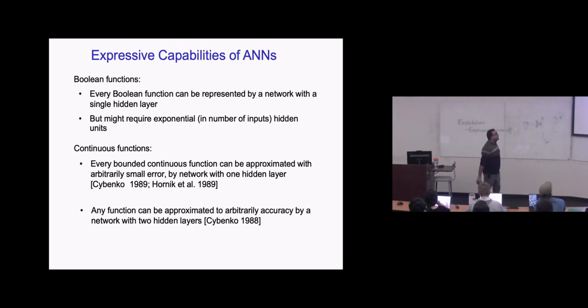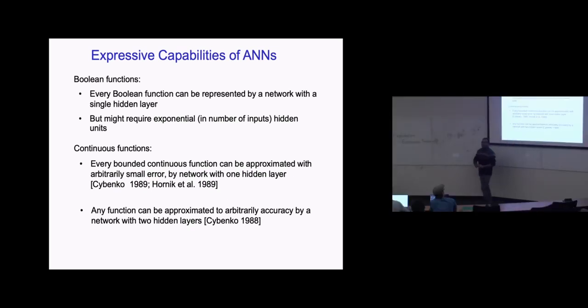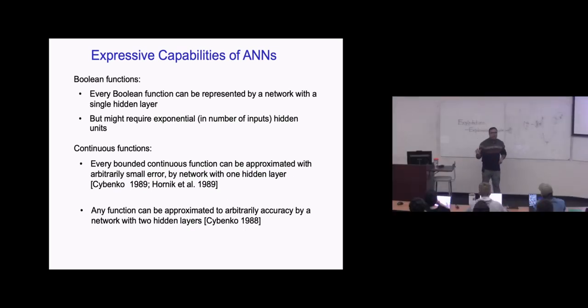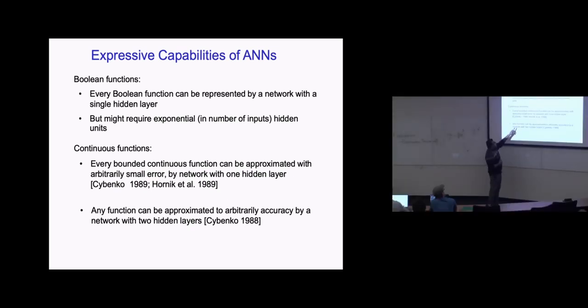There are papers, we are not going to actually read these papers, but we should know there are theoretical proofs that guarantee that neural networks can approximate almost every function, right? That is for bounded functions, and if you don't have a bounded function, any function can be approximated to arbitrary accuracy. So see the difference between these two. There is an arbitrarily small error, and it's no longer a small error.